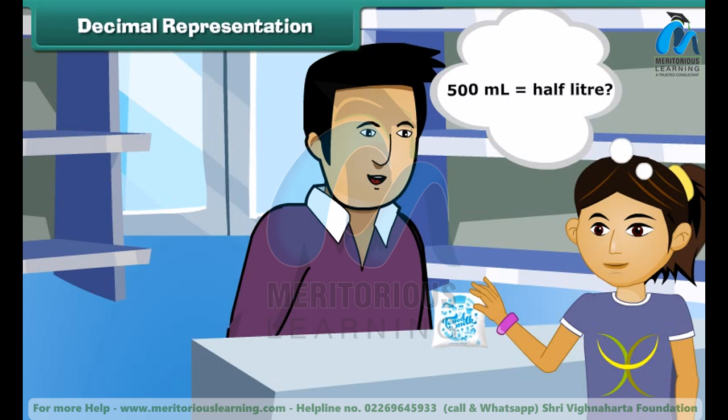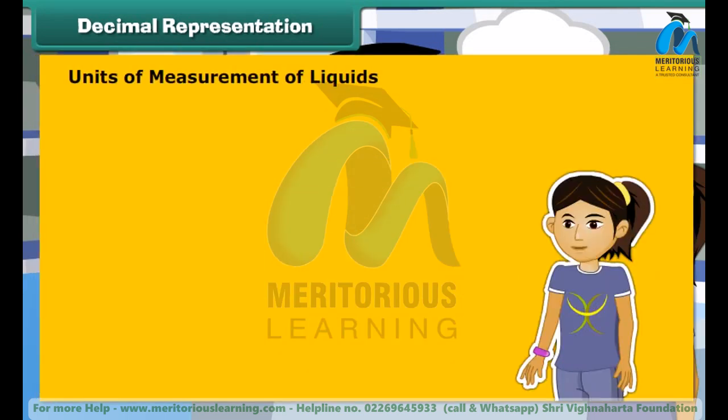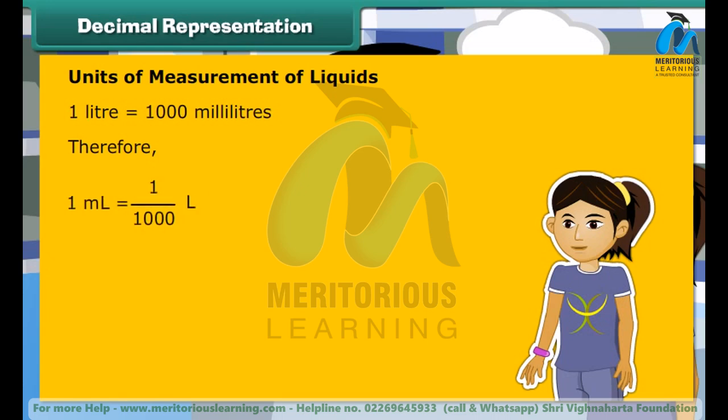To be able to answer this question, we must first understand the units used to measure liquids. Take a look. 1 liter is equal to 1000 milliliters. Therefore, 1 ml is equal to 1 by 1000 liter.